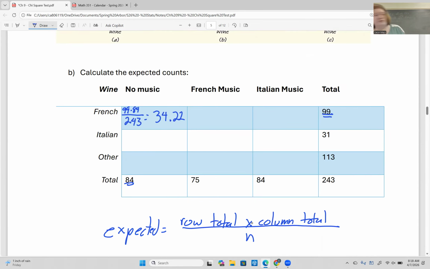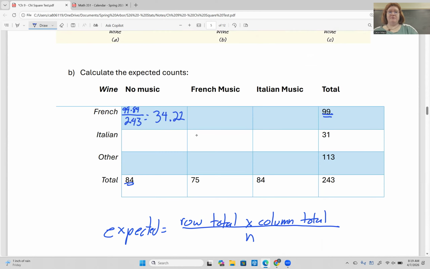Something to note: the column total is the same in both of these columns, which means when I do row times column divided by 243, this cell is going to be the same as that one.